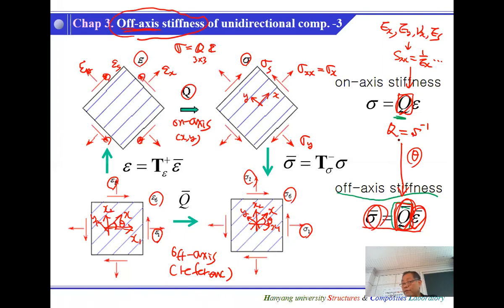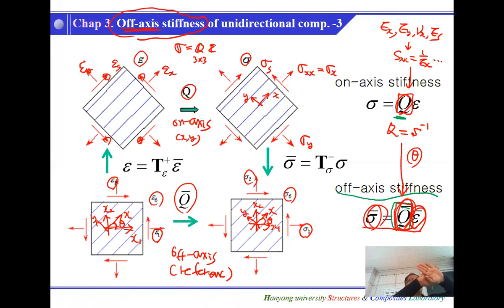Okay, that's the flow, and you may wonder why we need this Q bar. Well, Q bar will play the most important role in stacking and contributing to overall stiffness, because later we may have a zero or whatever angle, and we will stack them and put them together, and we will get the overall stiffness of this laminate.